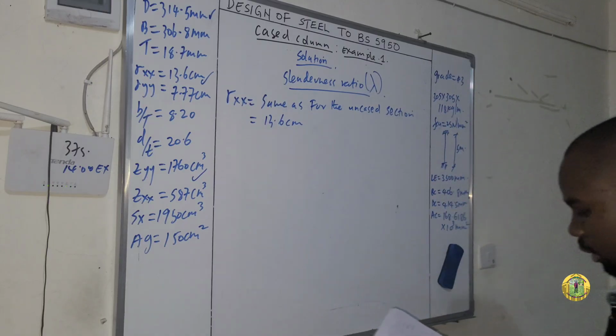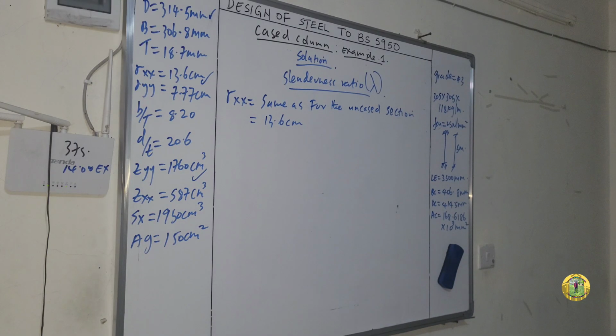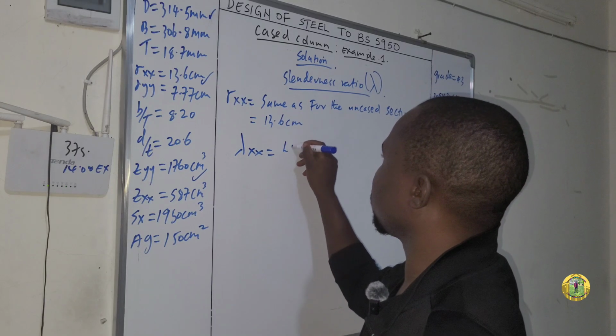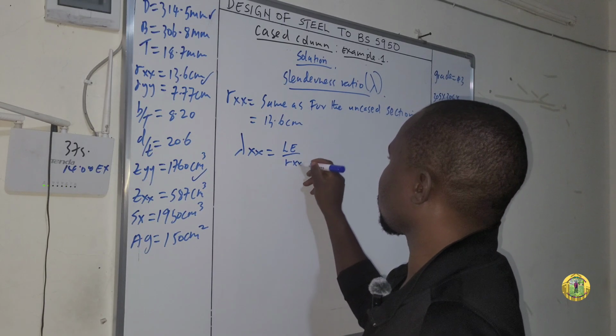So the slenderness ratio about XX is equal to LE over Rxx.